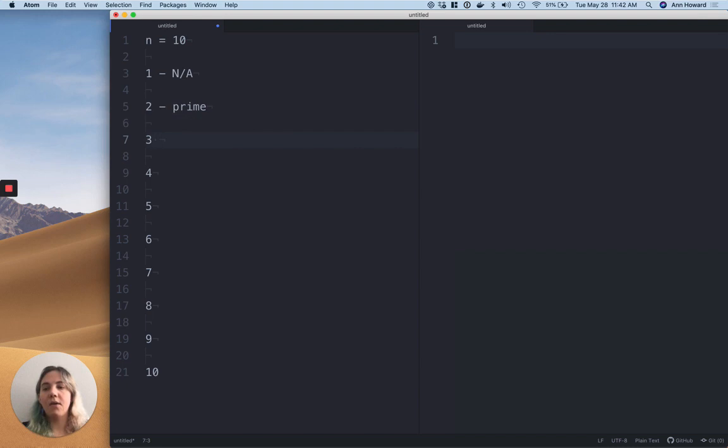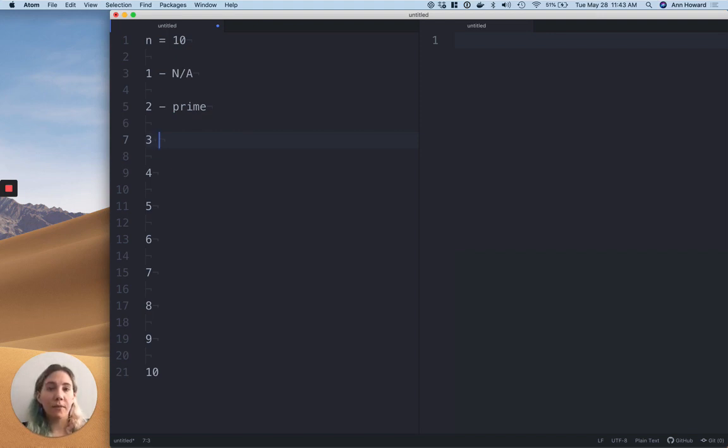3. Now, how do I know that 3 is prime? Well, is it divisible by only 1 and itself? Okay, yeah, that's true. But how do I know it's not divisible by any other number? Well, there's only one number lower than 3 that it could be divisible by, right? 3 can't be divisible by 10. That doesn't make any sense.